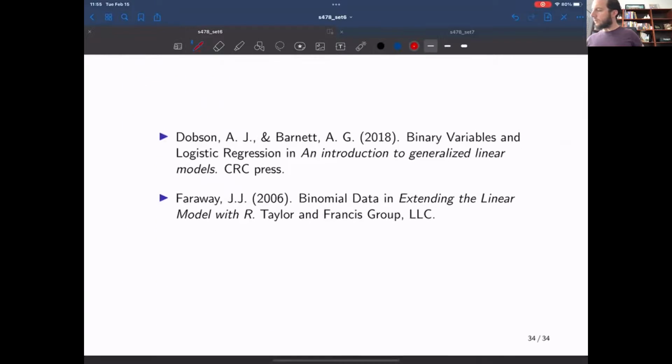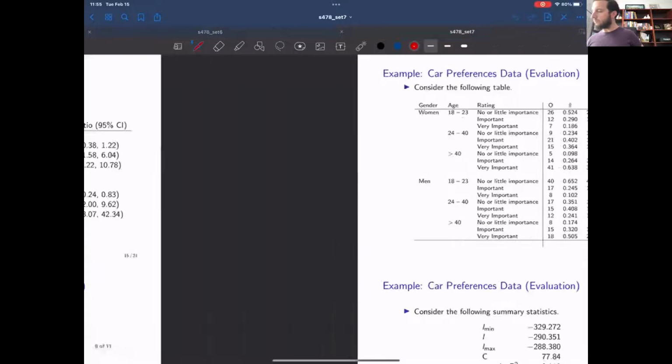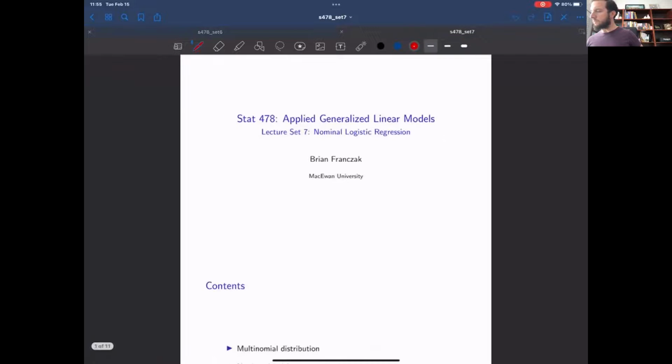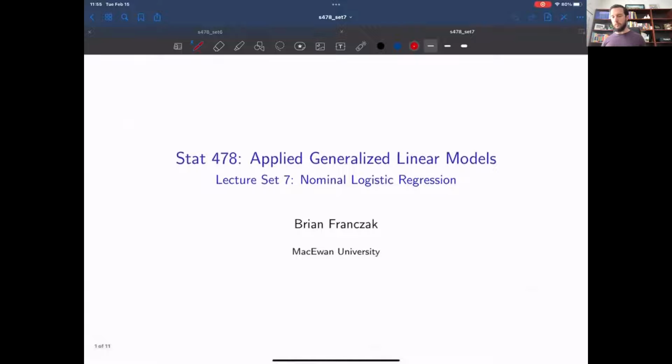Okay, so that brings us to the end of lecture set 6. So now we can move into the 7th lecture set. We're going to talk about extensions of the logistic regression model to situations where you have more than two categories in the response variable. So there are 2 models that we're going to focus on.